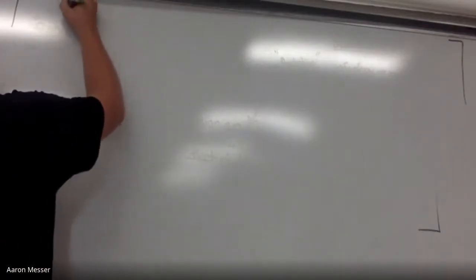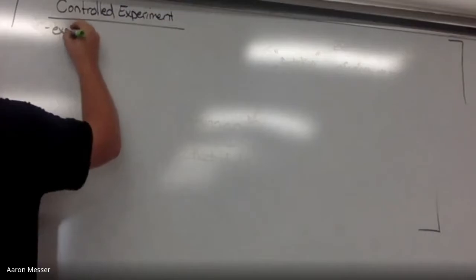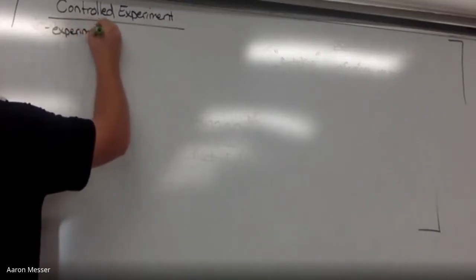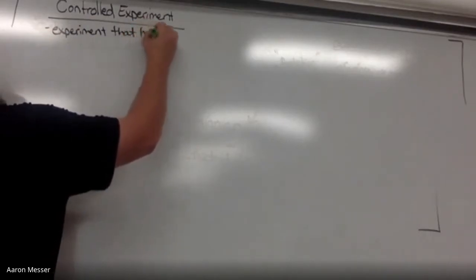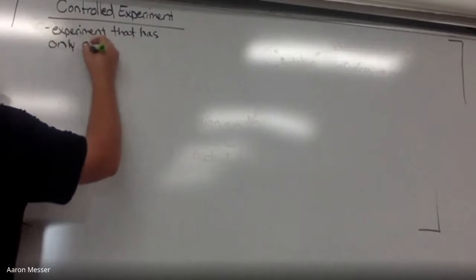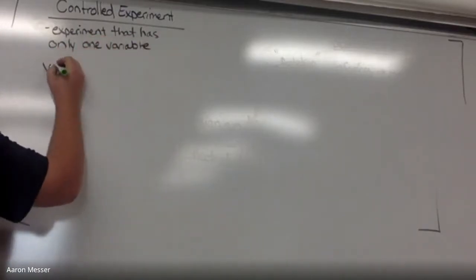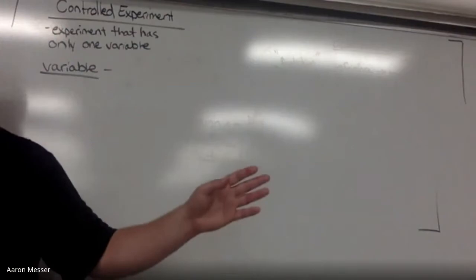Okay. Now, what's a controlled experiment? It's just an experiment that has only one variable. What's a variable? A variable is the changing factors in an experiment. Yes, it is. A variable is a changing factor in an experiment.